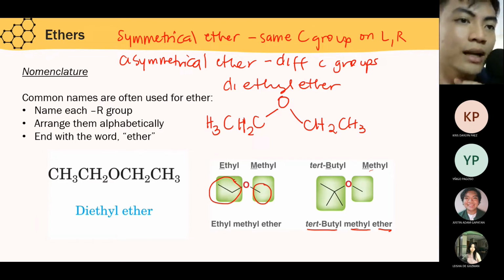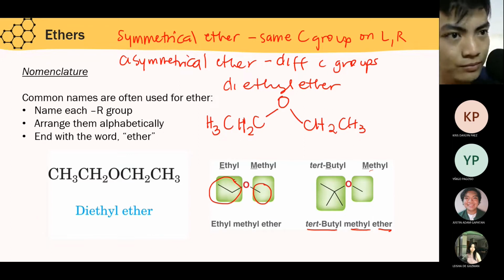Basta pangalanan mo yung alkyl groups mo, which is na-discuss na natin sa chapter 6. Basta marunong ka magpangalan ng alkyl groups, pagdugtong-dugtongin mo na lang sila alphabetically. Pag symmetric yan, gamit ka ng prefix na di. So, dimethyl ether, diethyl ether, dipropyl ether.